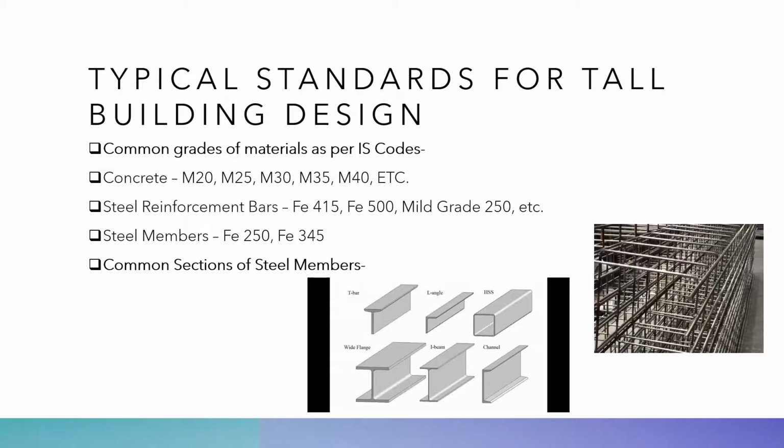These sections are available in the Indian Steel Table database, from where you can refer and choose the required dimensions. The common steel sections are ISMB series, ISWB series, ISHB series, ISJB series, etc.